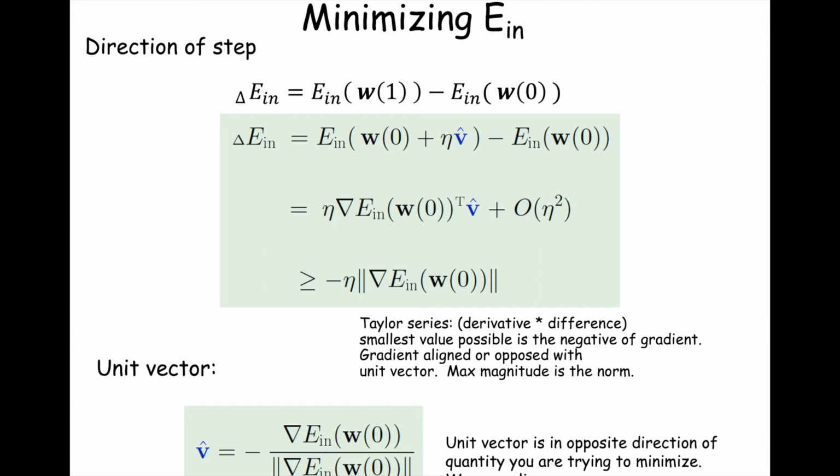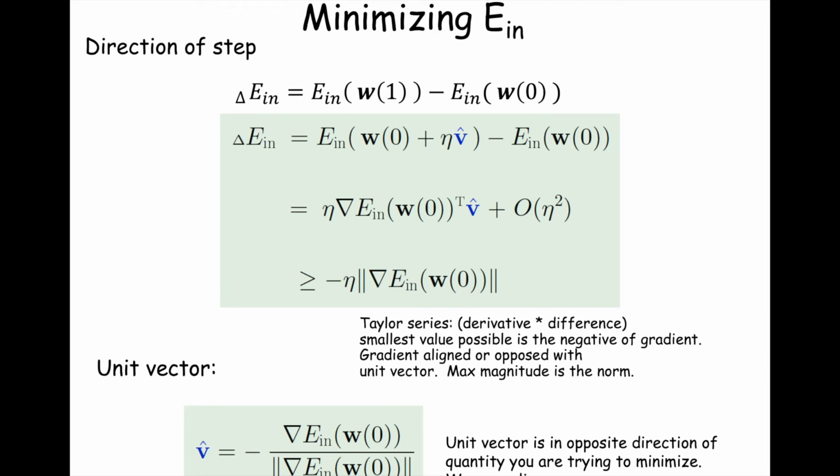Any questions about this? Okay, so that's the expression for our step, or how big our gradient of En is going to be. And now we need to know, okay, well, what is this unit vector v hat, right? Well, if this is going to be what our step is, that step has to be in the direction of v hat. And we know its magnitude, okay, well, it's the gradient of En. If we're going to take the gradient of En and we want to know the direction, well, we need to normalize this to make it a unit vector, right?